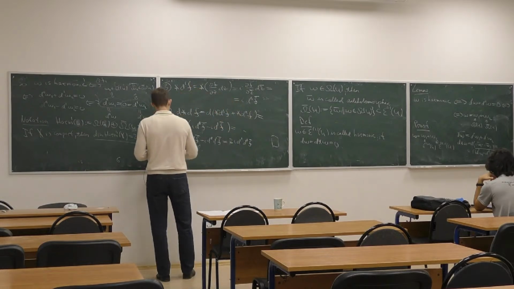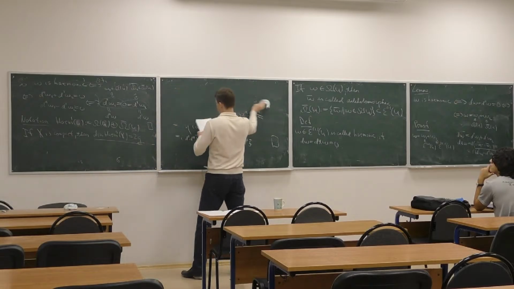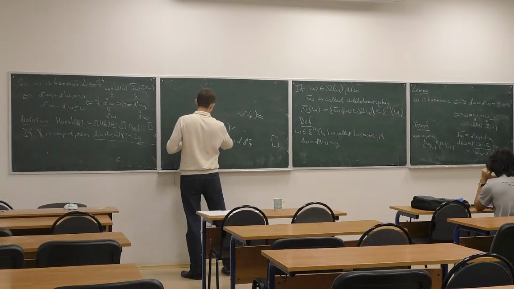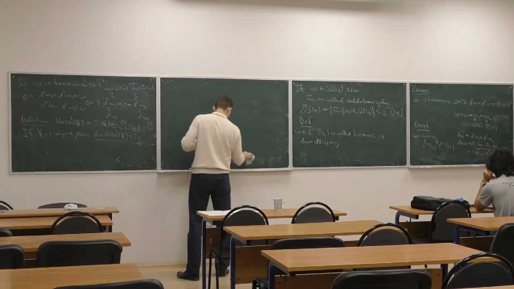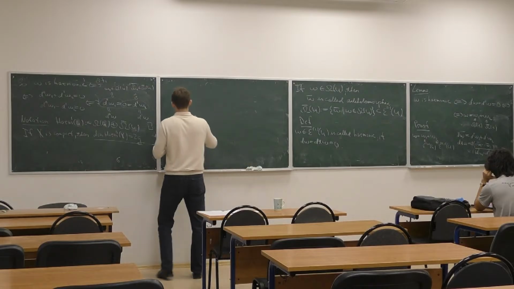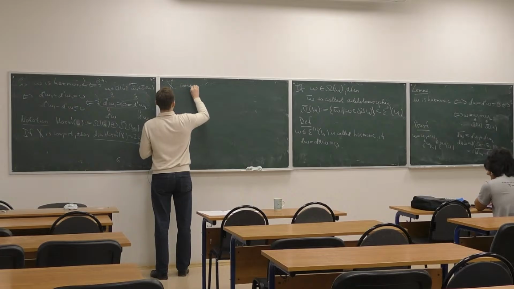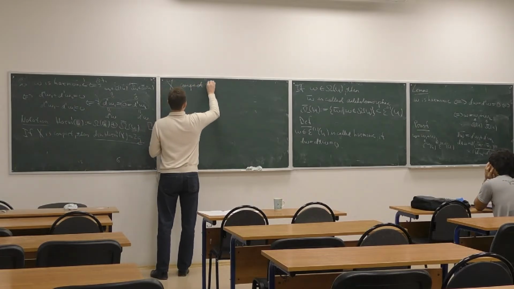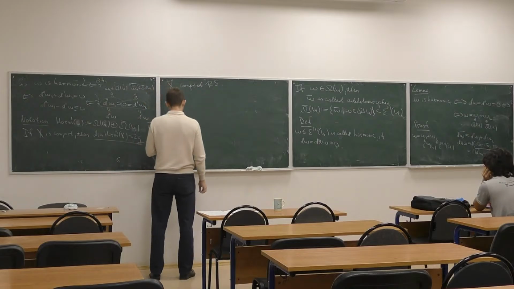Yes, then the space of smooth one forms on a compact Riemann surface is endowed with a scalar product. So now we assume that X is a compact Riemann surface.